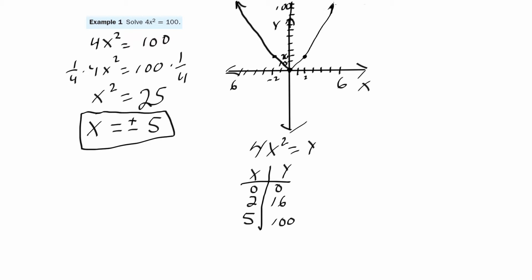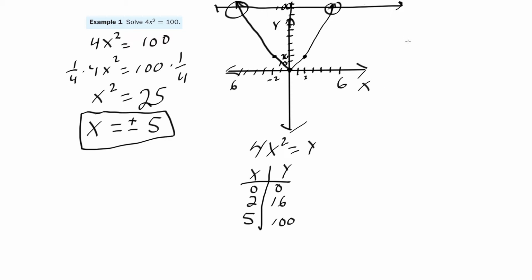Now, it's a little rough in something like this. If you can graph it on some graph paper or do it with your graphing calculator, what you'll find is you can draw the horizontal line through y equals 100 and see where it intercepts your graph. And those would be then your approximate solutions.